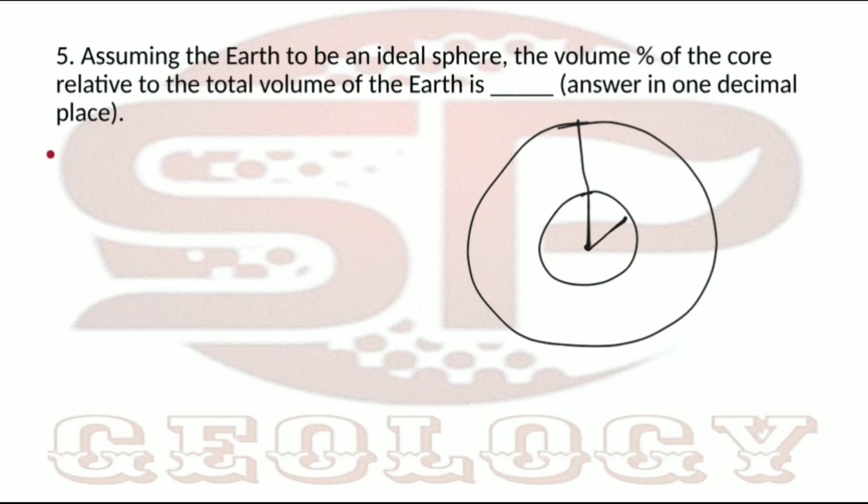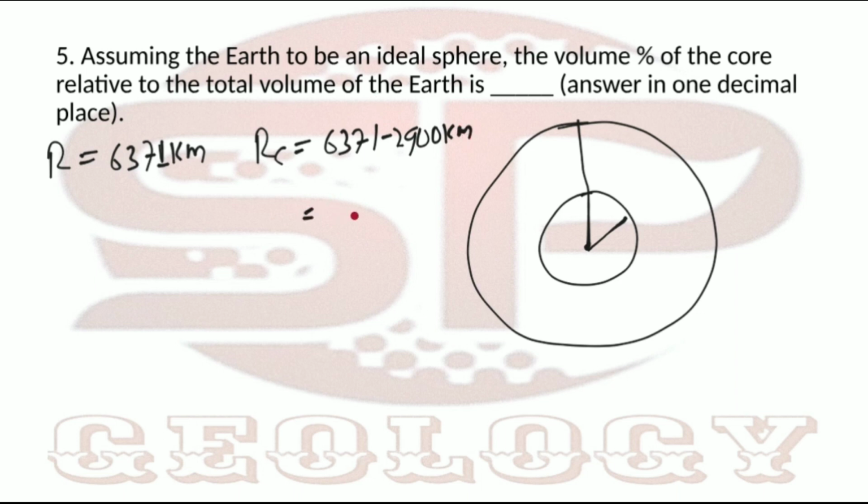The radius of the Earth is 6371 kilometers, and the radius of the core, if you take, will be 6371 minus 2900 kilometers. It will be 3471 kilometers.